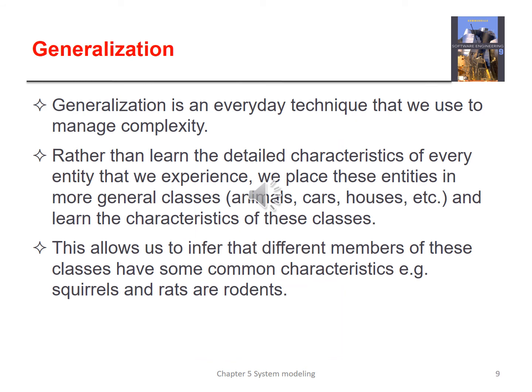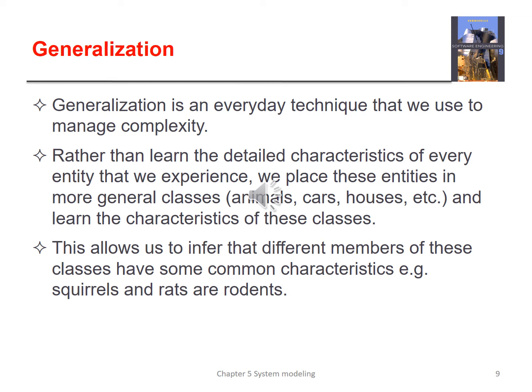Okay, let's talk about generalization and association. Generalization is an everyday technique that we use to manage complexity. When there is something complex and detailed, probably we could generalize. Rather than learn the detailed characteristics of every entity that we experience, we place these entities in more general classes, like animals, cars, houses, etc., and learn the characteristics of these classes.